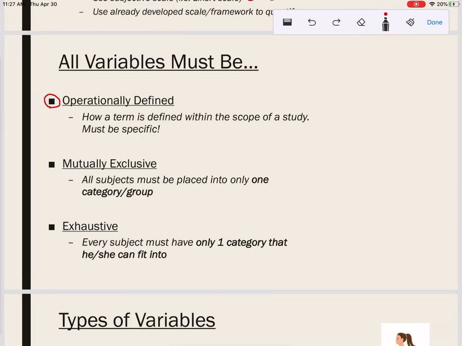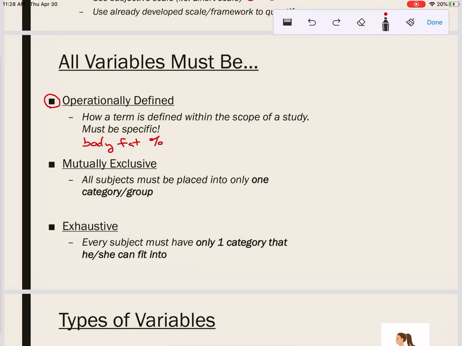The first one is pretty straightforward. When you set up a study, in your methods section, you're going to operationally define what that means. And all that means is, let's say we're talking about body fat percentage. I need to operationally define body fat percentage.